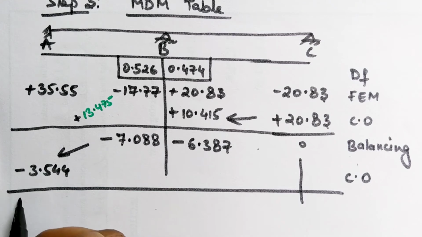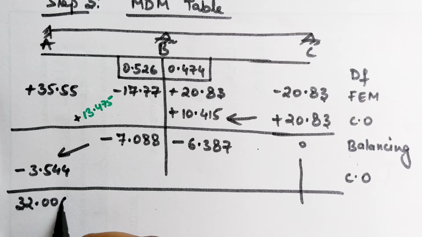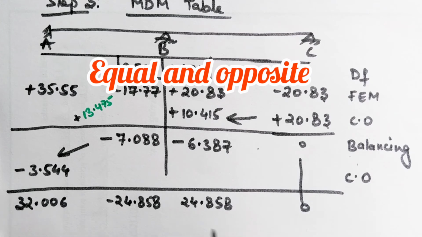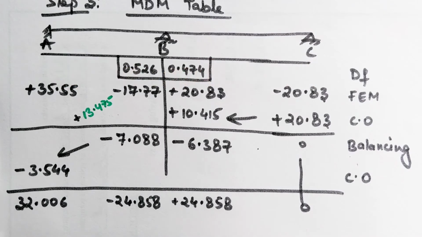Summing these two will be getting positive 32.006. Now summing these two will be getting negative 24.858. Summing all this, we are getting 24.8. So this has to be equal and opposite. So this is negative, this is positive, just equal and opposite moments are coming.